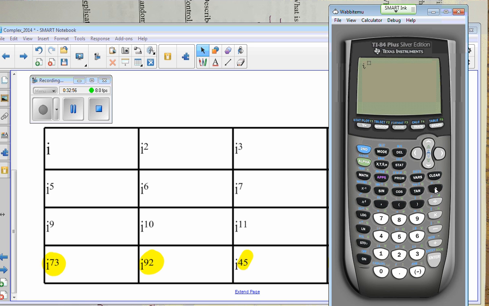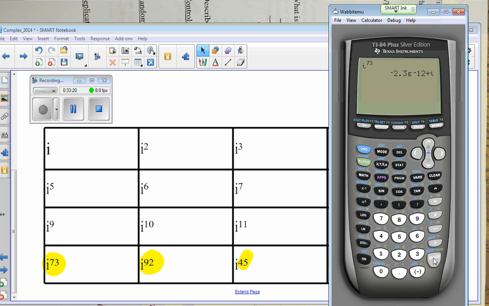So raise i to the 73rd power. It looks weird to me. I see an E. What does E mean? 0. But this really is 0 plus i. This would just be i.